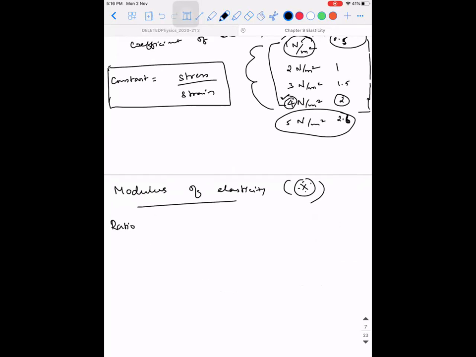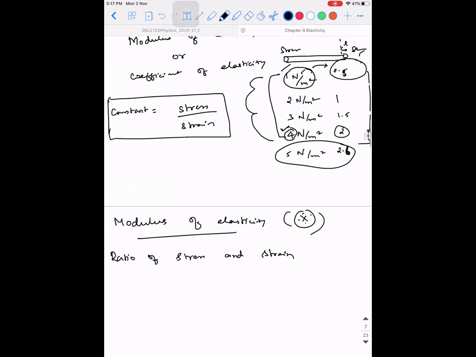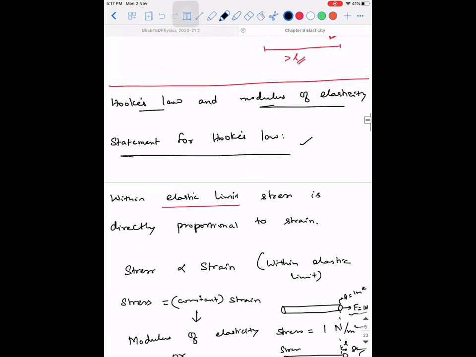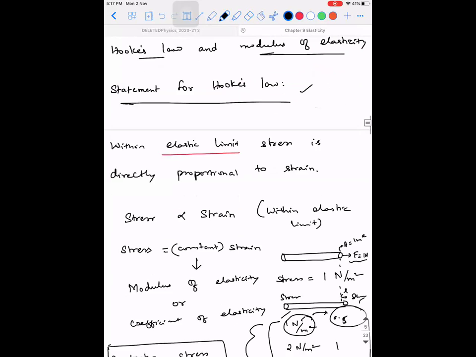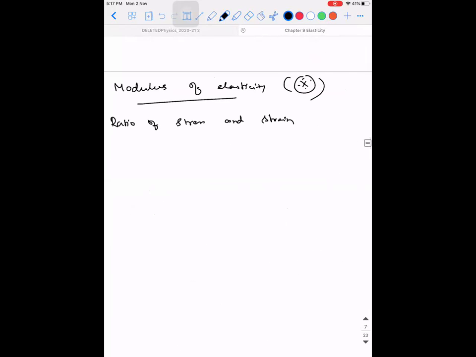When something is written in division form, it's a ratio. It is a ratio of stress and strain, under what scenario? What is the important word I underlined? Within the elastic limit. Yes, never forget it, okay? All these constants will exist only within the elastic limit.